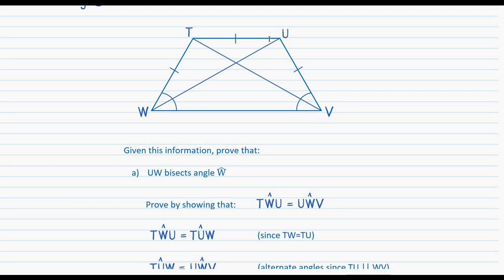And for triangles with the same perpendicular height, the areas are proportional to the bases, which for triangle TUV would be line TU, and for triangle WUV would be line WV. And since they told us in the question that the ratio of TU to WV is 5/6, we can also say that the ratio of the area of triangle TUV to the area of triangle WUV is also 5/6.